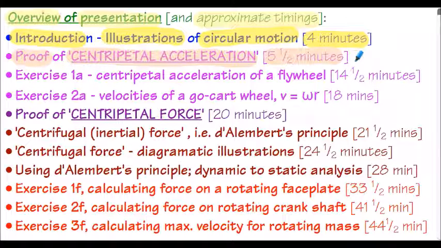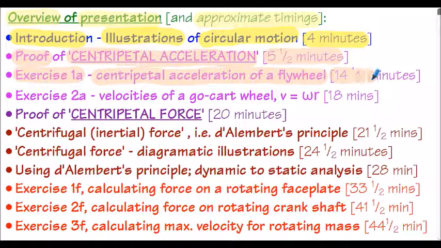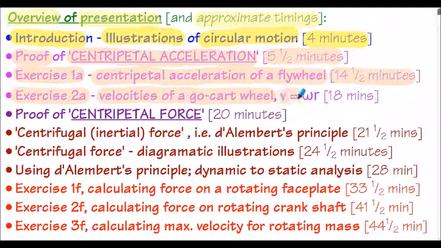linear velocity. Exercise 1A uses the derived equations for centripetal acceleration and applies them to a flywheel. That's 14.5 minutes into the presentation. Exercise 2A is basically a recap of the relationship between linear and angular velocities, that's v is equal to omega r, commences 18 minutes in.